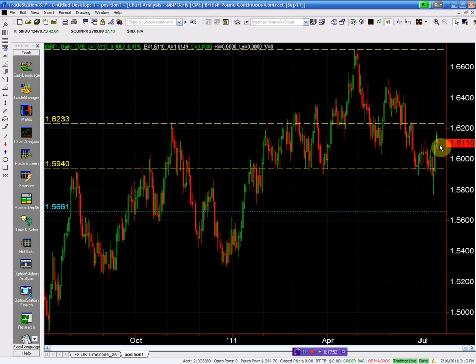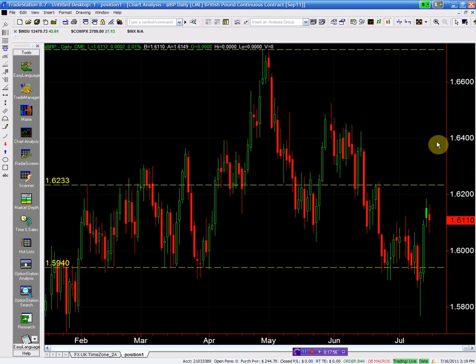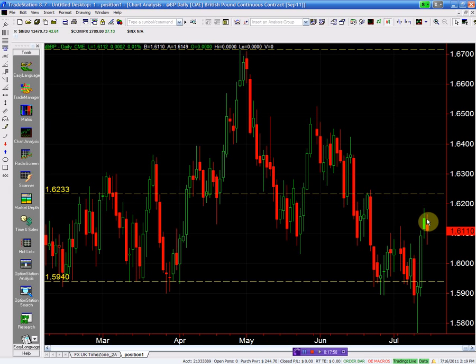So in this case, it is neutral to a buy, because this day on Friday is actually a buy signal in itself. On its own right, it is a buy signal. That's why I had it highlighted in an ellipse before. So I'm looking to be a buyer of the pound.